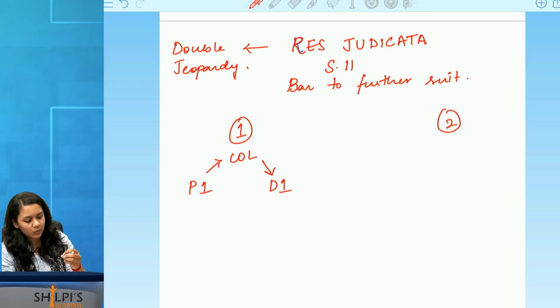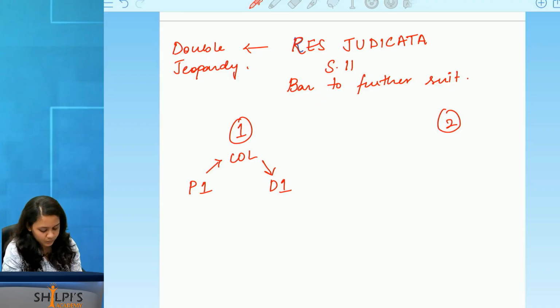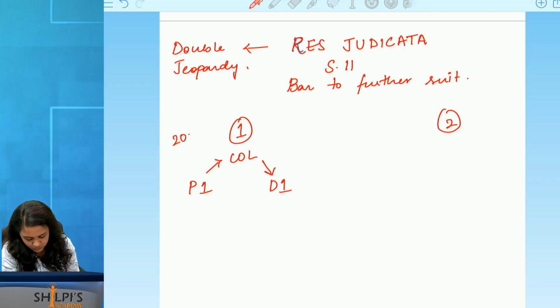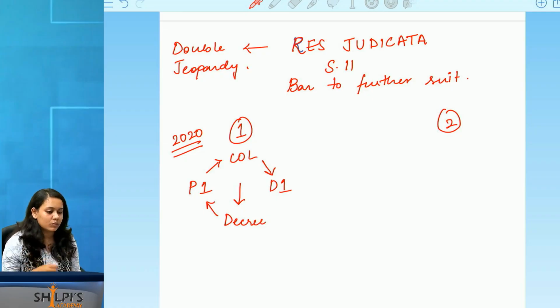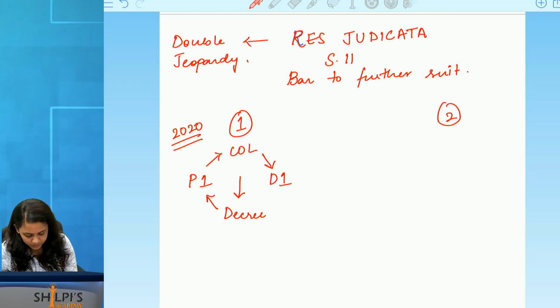Now, when approaching the first court of law, let's say this is in the year 2020, okay, the court passes a decision or a decree in favor of the plaintiff, and when he grants the decree in favor of the plaintiff, he asks the defendant to pay up, say, 50,000 rupees in damages.